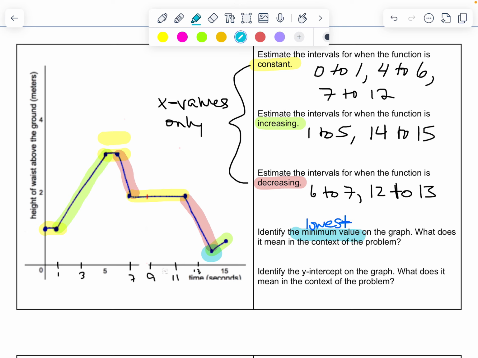And what does that point mean, or that location mean in the context of the problem? So if I was trying to kind of sort of pinpoint a coordinate here, I might have to go over here to the graph and write in some y values there. But it looks like the lowest location here, height of waist above the ground, I would probably pinpoint it at 0.5 or a half, comma 14.